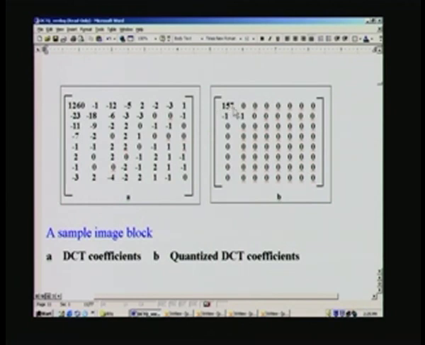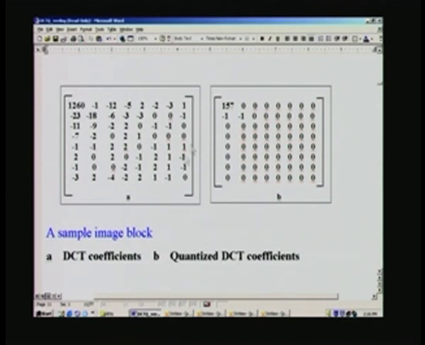Sometimes you may be surprised to see a very good image constructed. The purpose of quantization is to create as many zeros as possible, as we have mentioned before, which need not be encoded in VLC, variable length coding, and only these non-zero coefficients are actually coded and converted into serial bits and sent as a bit stream over the transmission channel.